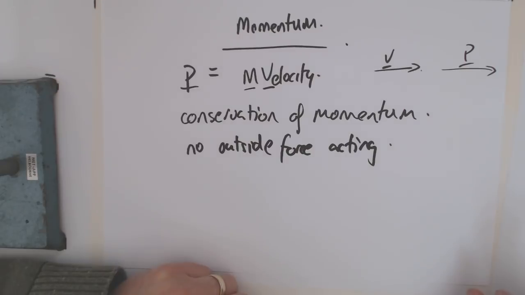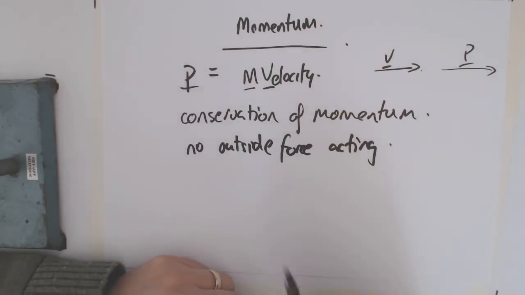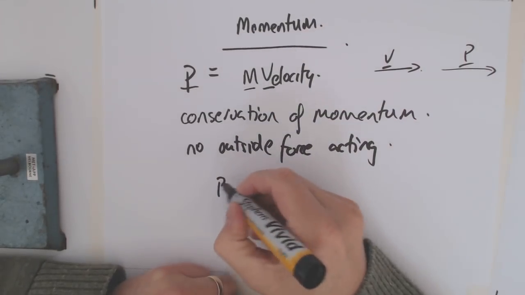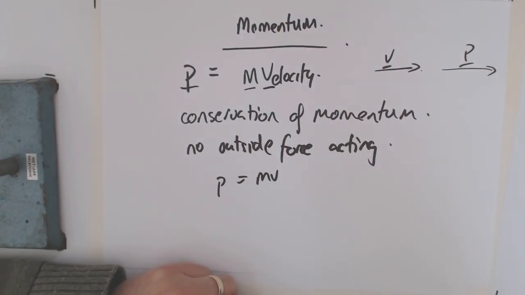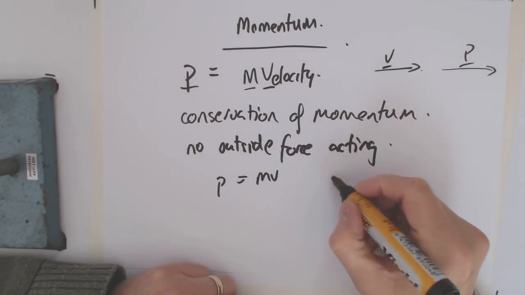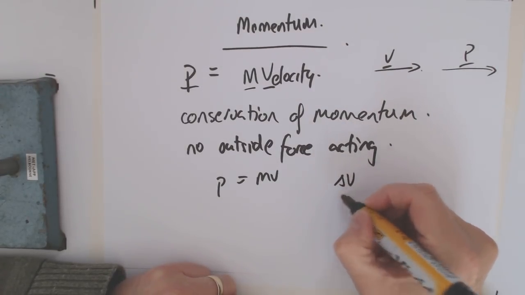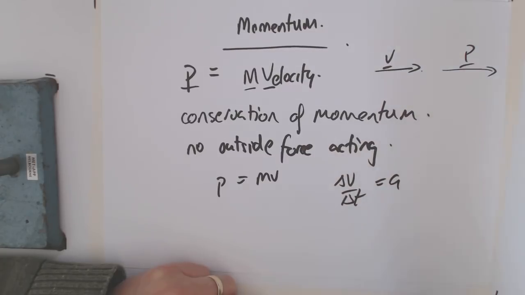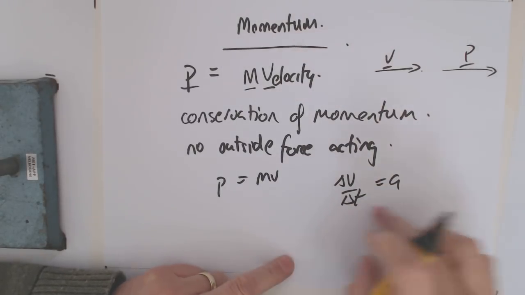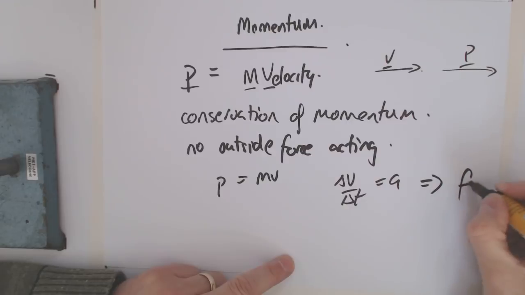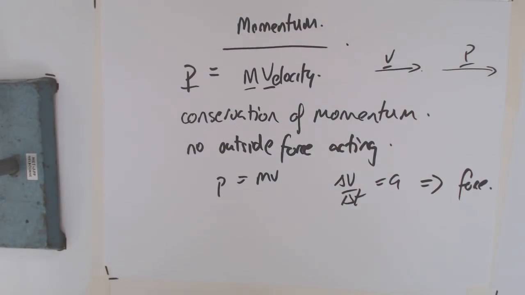That's exactly what a force does. If momentum equals mv, then if v is changing over time, that's an acceleration, and to have that happen implies that we need a force. So no outside forces acting is one of the main conditions for conservation of momentum.